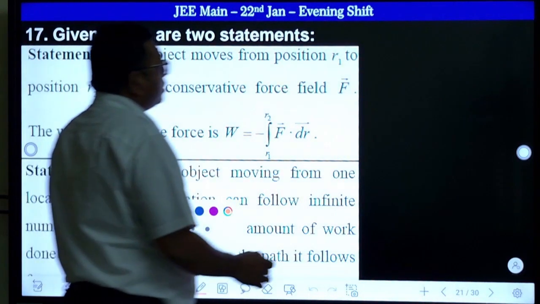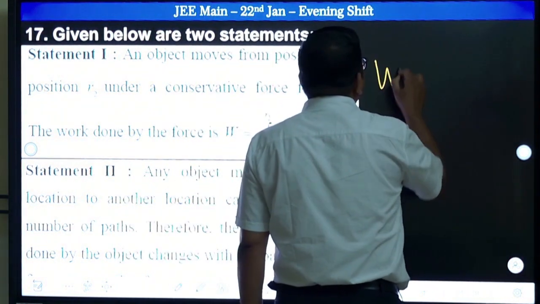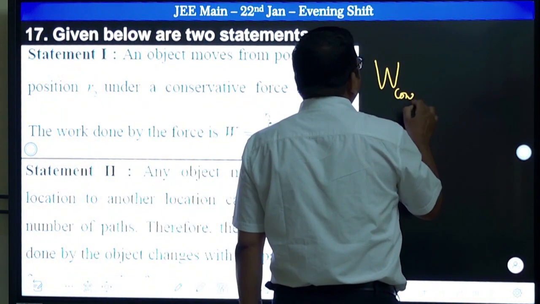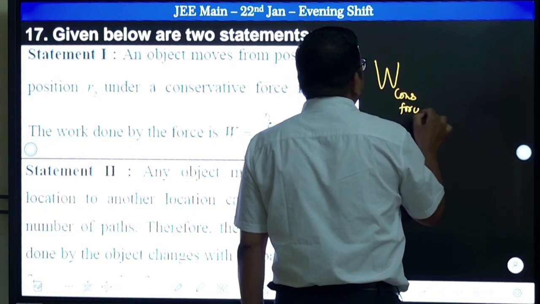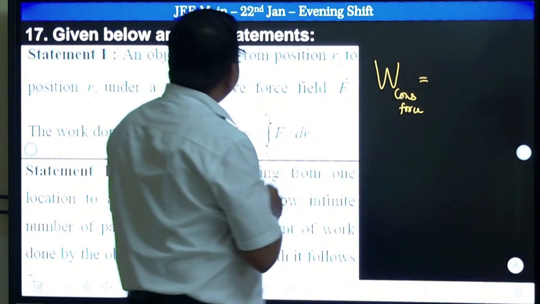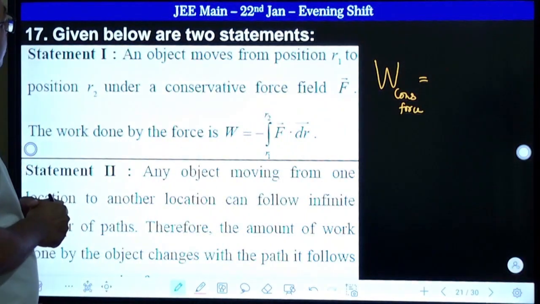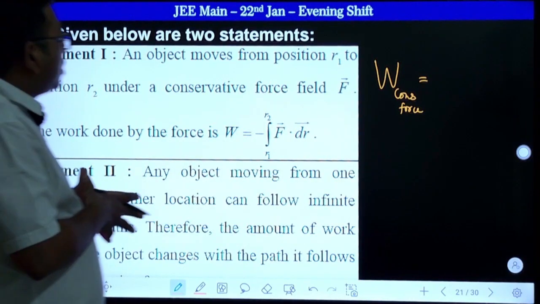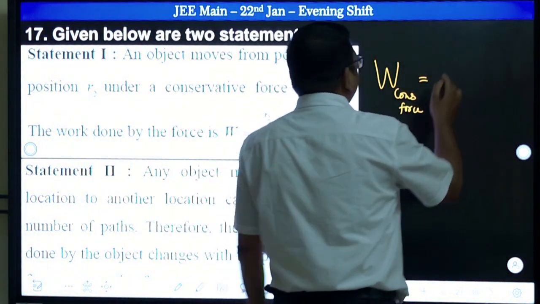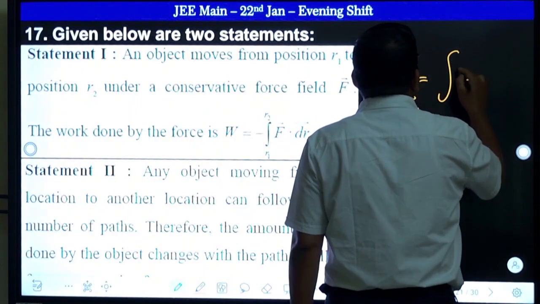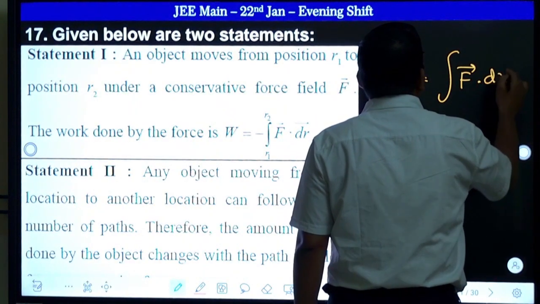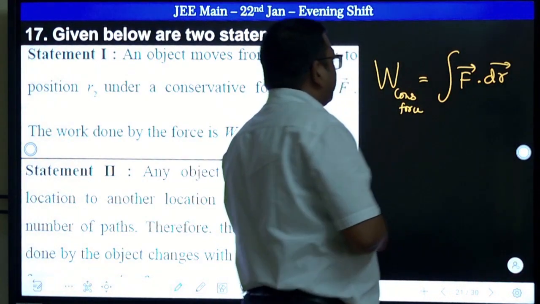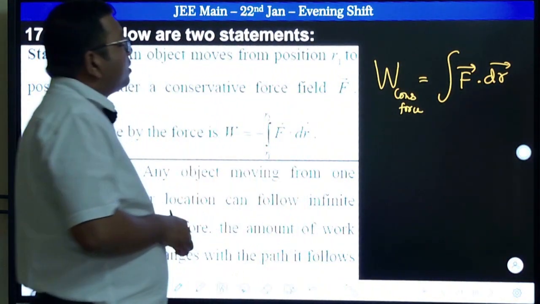What is the work done by a conservative force? Work done by a force will be the integration of F dot dr. Why minus? Minus we cannot say.